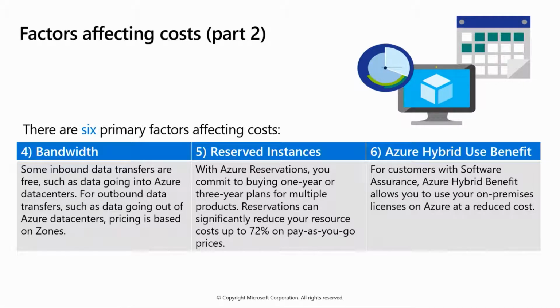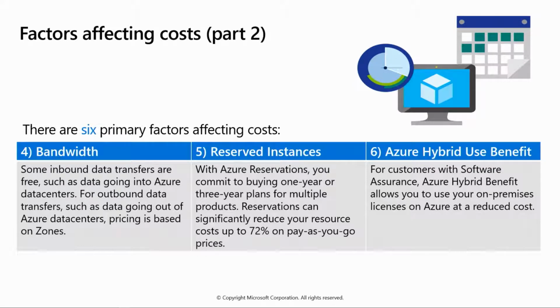For example, if I was transferring from West US to Australia, those outbound charges from the US to Australia are going to incur charges. So again, if possible, avoid deploying your resources outside of billing zones to cut back on costs.